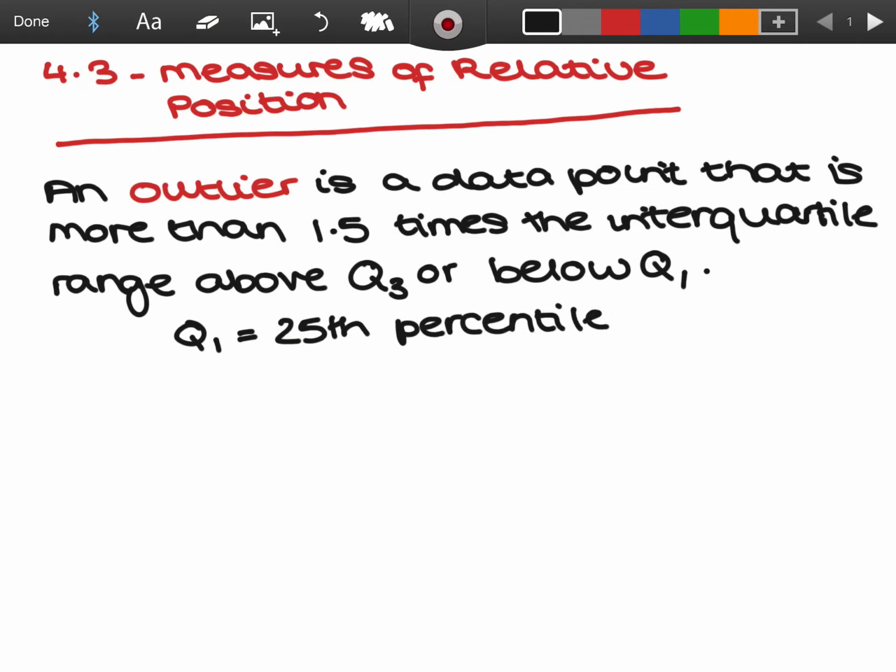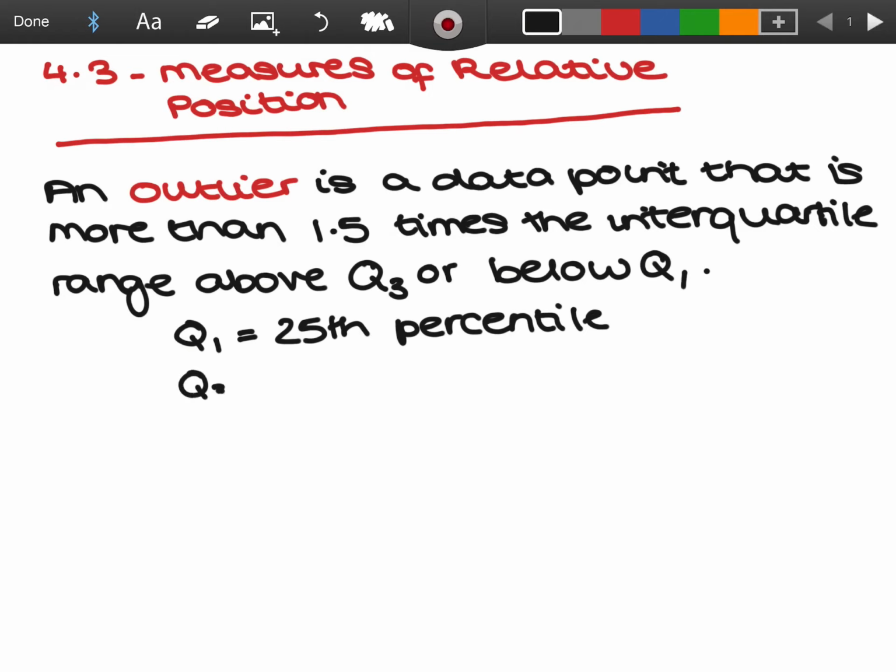So the data point that was Q1, if you put all of your data in order, less than or equal to that data point was 25% of all of our data. The other 75% of our data was greater than that point.